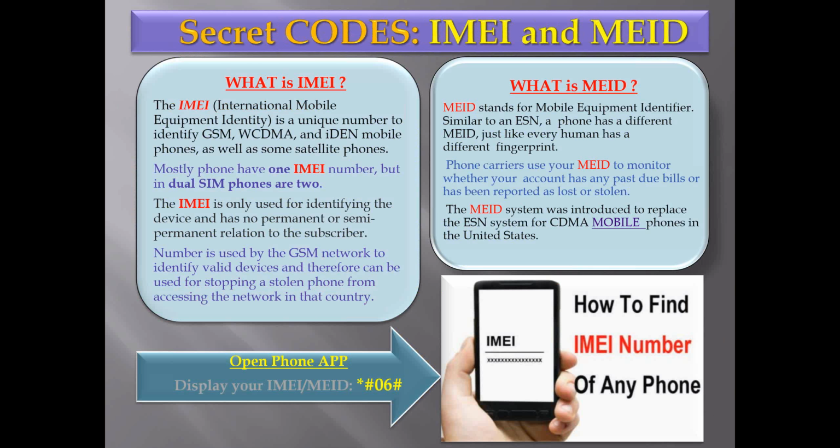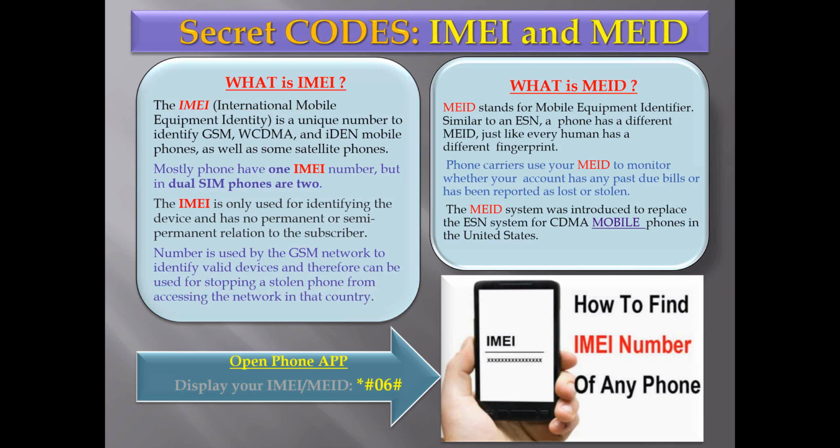The IMEI is the International Mobile Equipment Identity. This is basically a unique number to identify your mobile phone on the network, and in the next presentation we're going to be talking about technologies like CDMA and GSM and what the differences are.